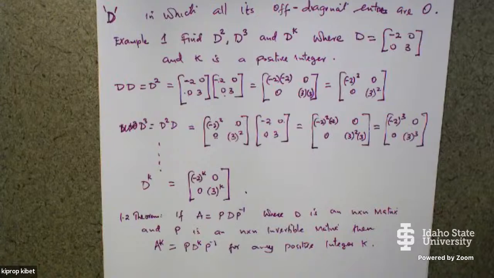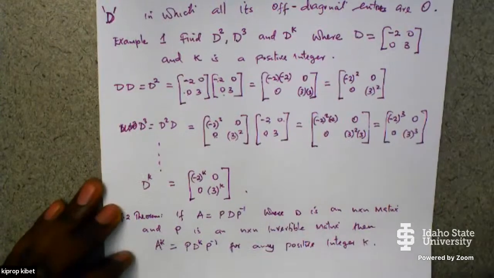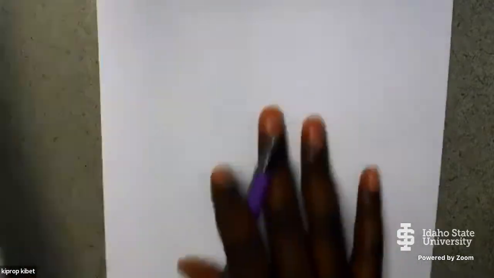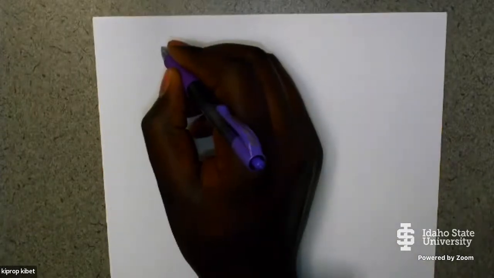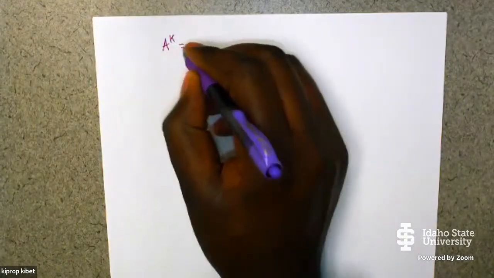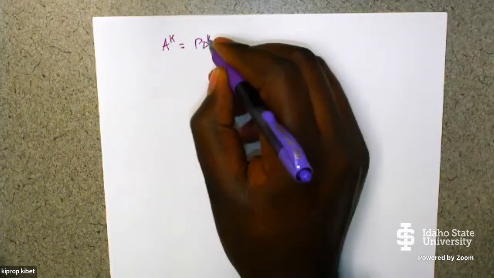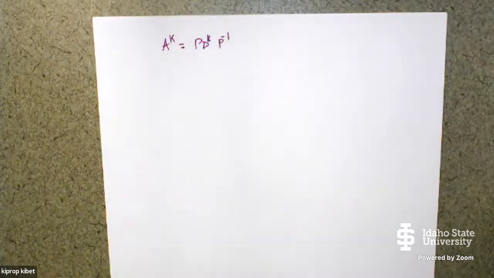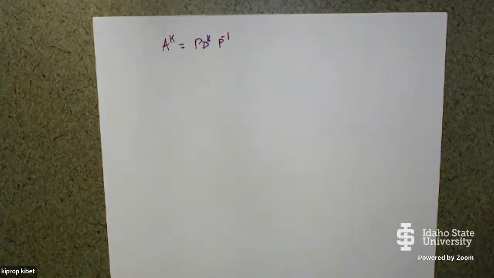So let's prove this. We've said A^k equals P D^k P inverse, and we want to prove this.